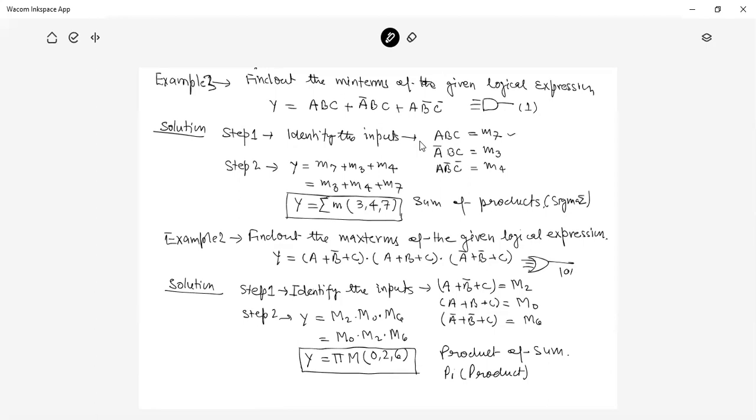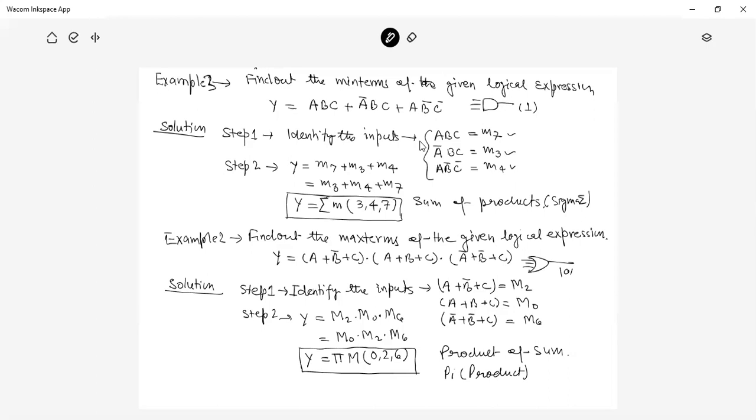Here it is A bar B C, so A is 0, and this is M3. And A B bar C, so this is M4. These values can be directly seen from the previous table as we have discussed.